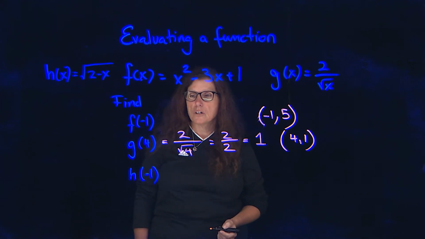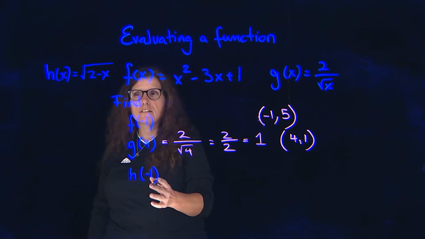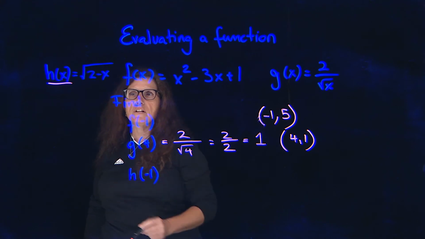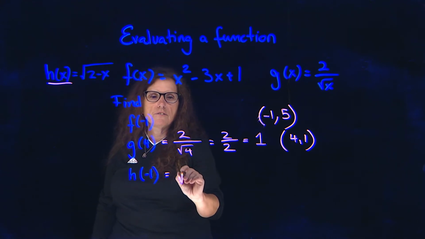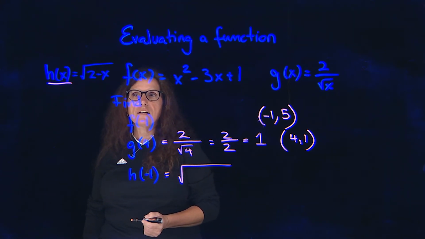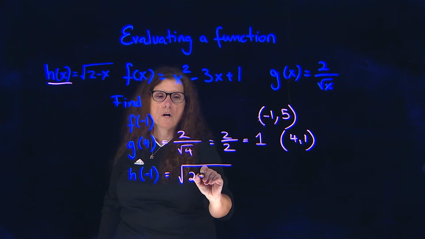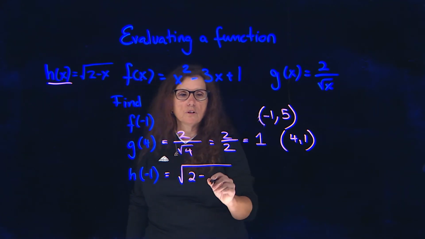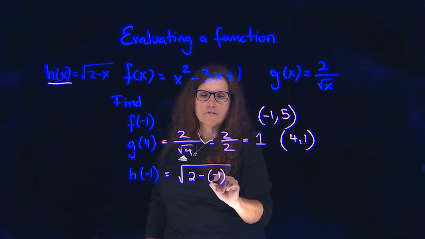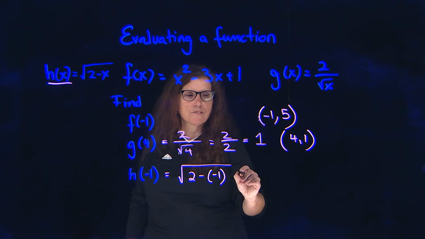The last one is h of negative 1. So here we go to the h function. Again, you replace the x with a negative 1. This becomes 2 minus, be careful, x is negative 1. So 2 minus a negative 1.